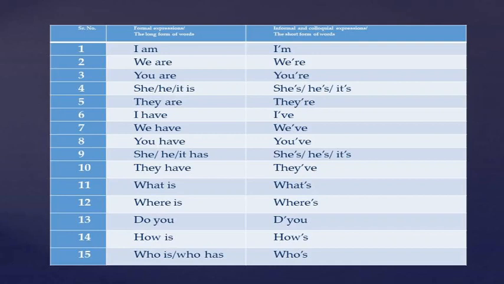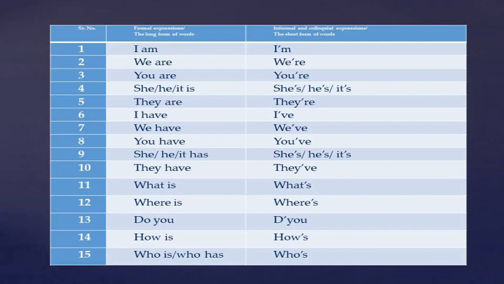"You are" is very formal written English, but in informal and spoken English, we always say "you're. You're my best friend." She's, he's, it's, for she is, he is, and it is. We normally say "they're." "They're my students," not "they are my students."